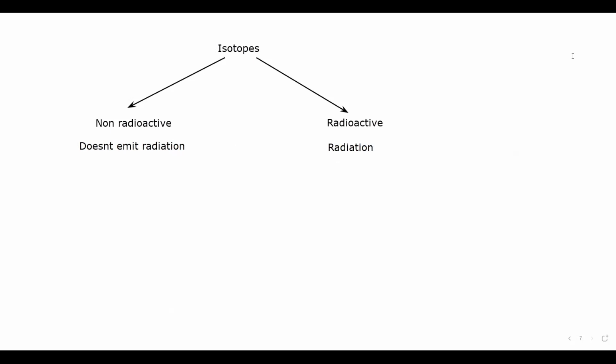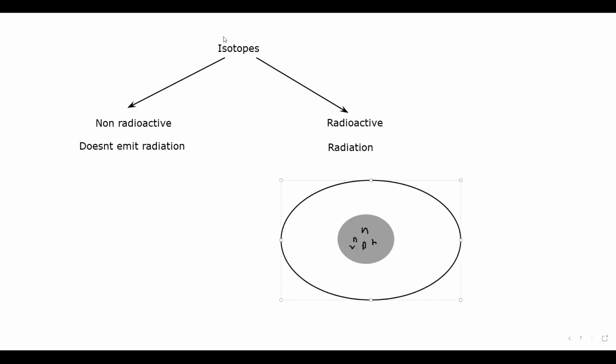Basically, when some of the atoms emit radiation, like atoms are there and there are neutrons and protons. This is a nucleus, and around the nucleus electrons are there. So some of the nuclei have the tendency to emit energy or radiation.